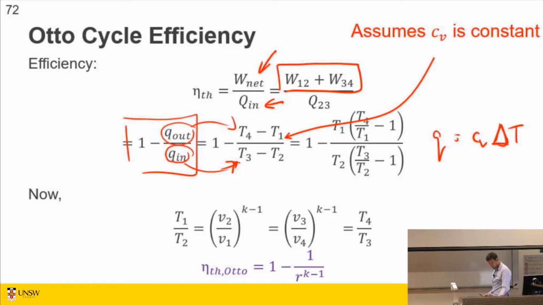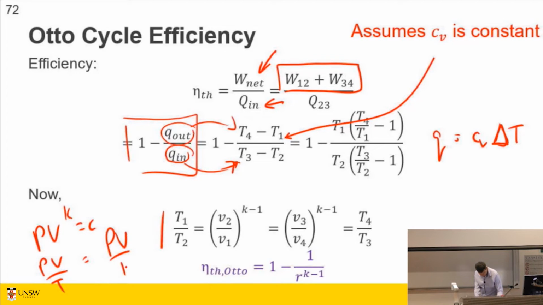These ratios come out of PV to the power of K equals a constant, right? So PV to the power of K is constant and PV on T is constant, right?